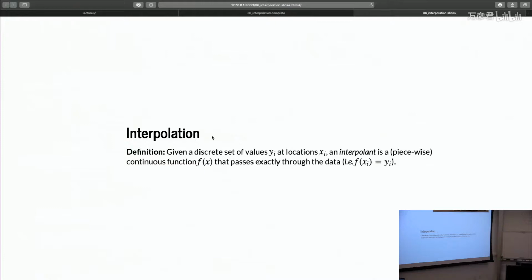An interpolant is some function. It doesn't really have to be continuous, although we're going to require that. It's some function that passes exactly through the data. Okay? There are lots of ways to choose that function. If you wanted to connect the dots, if you connected the data points y and x, all I'm required is that my function that comes out of this is going to satisfy f of x_i equals y_i.